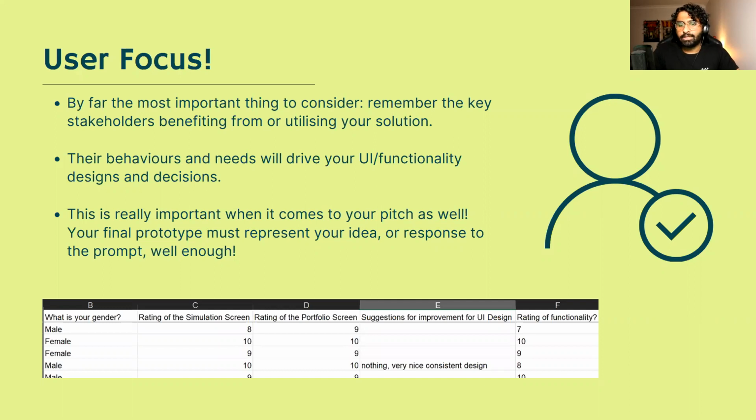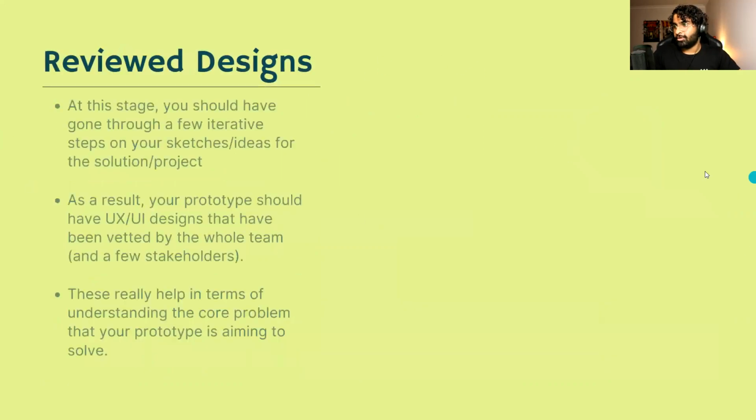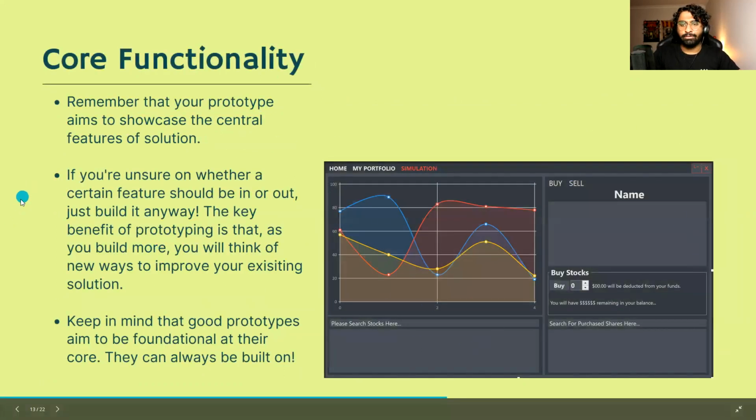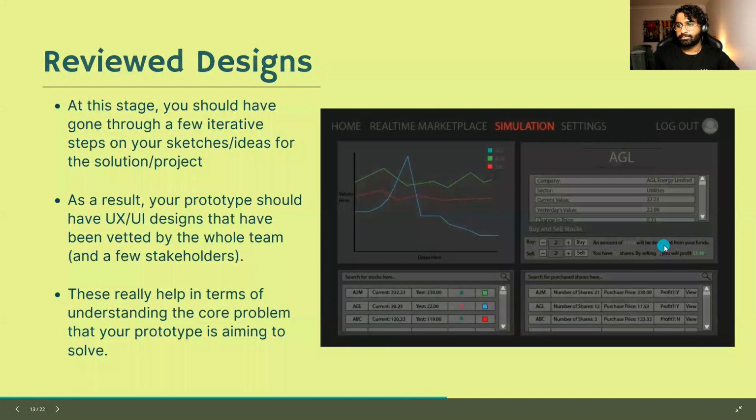So as you can see here at the bottom, this was just a screenshot of a spreadsheet that I had from a Google form that I had sent out to a bunch of my friends to get their feedback on my application designs. It was on these designs here.